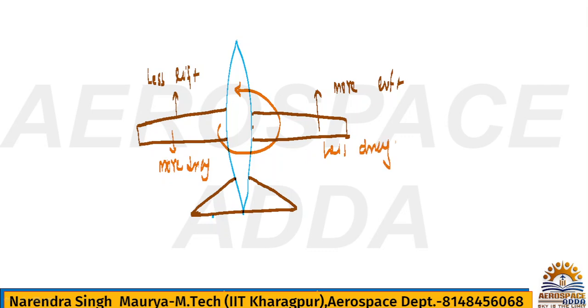Okay, so this plane will try to yaw about this vertical axis, just perpendicular to this dot. So this is nothing but the right wing, which is starboard, and this wing is nothing but the left wing, which is also called the port wing, right?